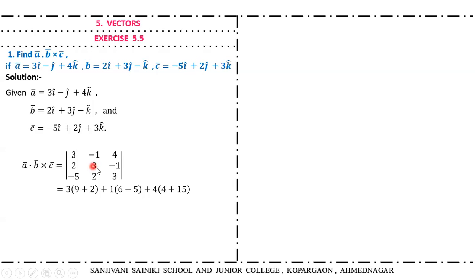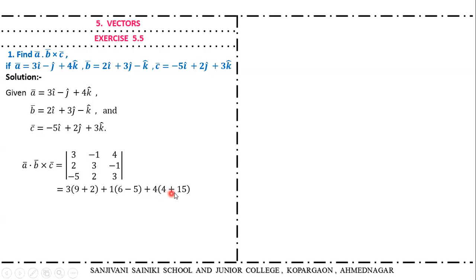3 into 3 is 9, minus 2 into minus 1 is minus 2. So minus of minus 2 is plus 2. Then minus of minus 1 is plus 1. 2 into 3 is 6, minus 5 into minus 1 is plus 5. So minus 5. So 4 into 2 into 2 is 4. Okay, and minus 5 into 3 is minus 15.